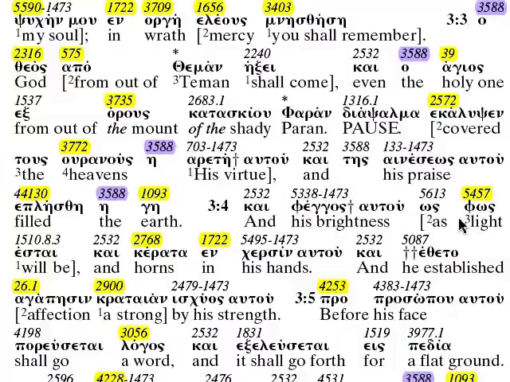There's no darkness in him. And horns in his hands, the horns, the power, has to do with the horns. They were put on, I believe it was the incense altar. It had the 4 horns on the corners, and people would grab them to be saved from being destroyed by the king or so forth.